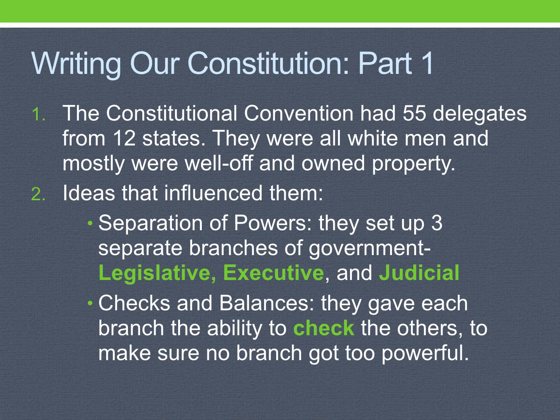They wanted to make sure that they gave each branch the ability to check or block the others in order to keep them balanced, to make sure that no one branch would get too powerful. Each of the state constitutions had these written into them, so it gave us a good model for how to add them into our new national government.